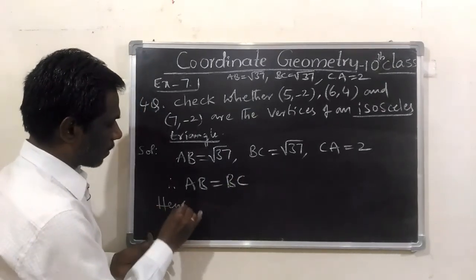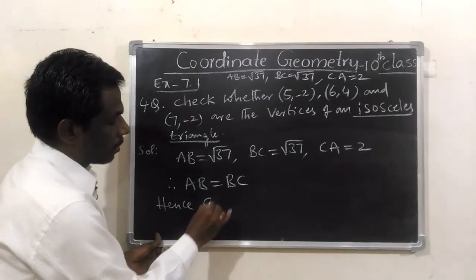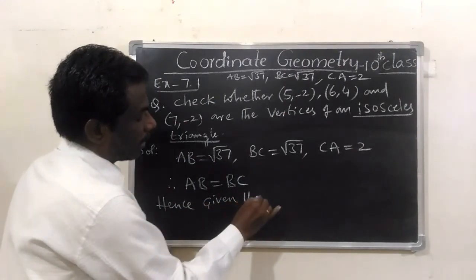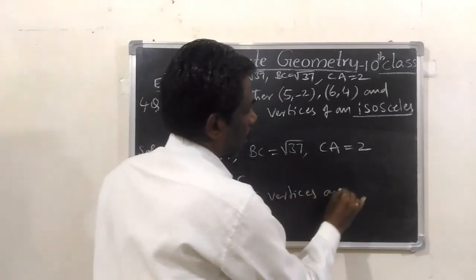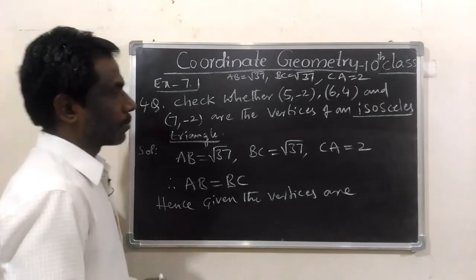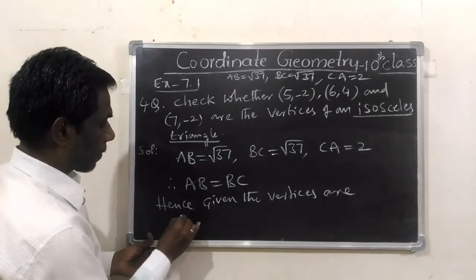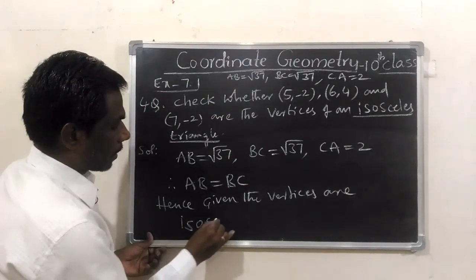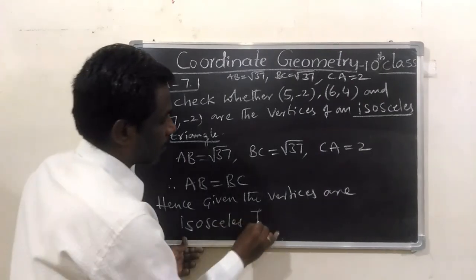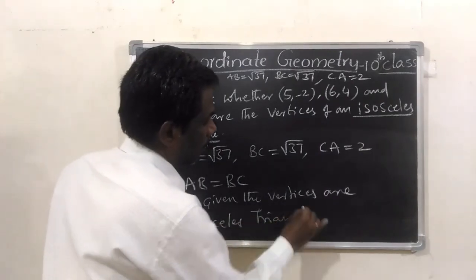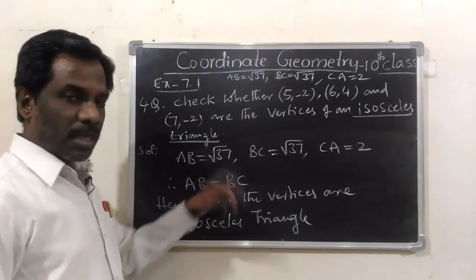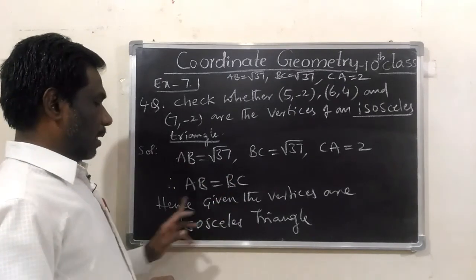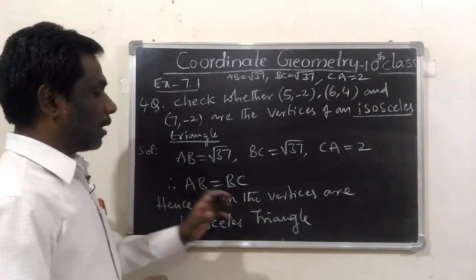Hence, the given vertices form an isosceles triangle, AB equals BC. The two sides are equal. That's why the given vertices form an isosceles triangle.